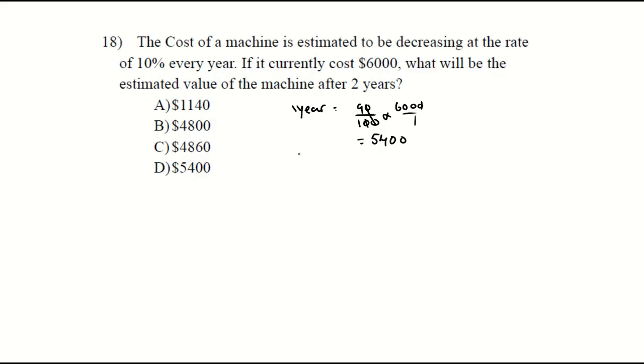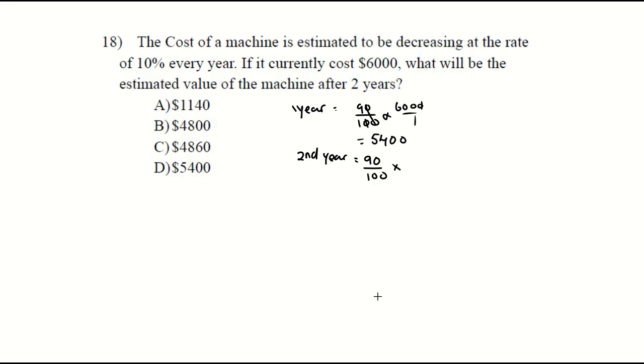And then after the second year, it would be 90% of 5,400. The estimate is decreasing at a rate of 10% of the actual cost, right? So the actual cost after the first year would now be 5,400.